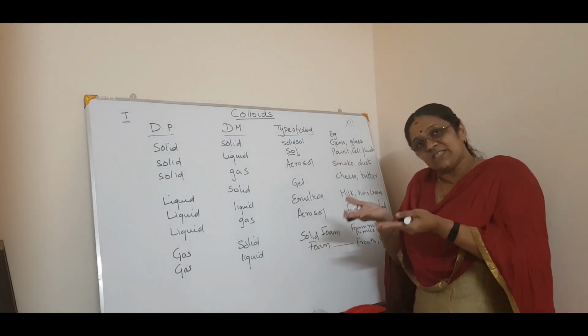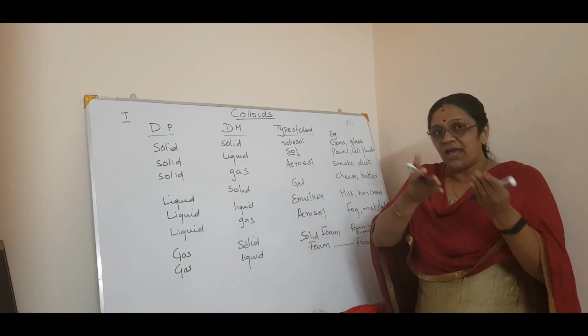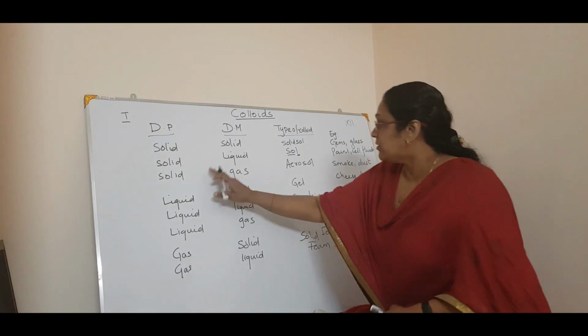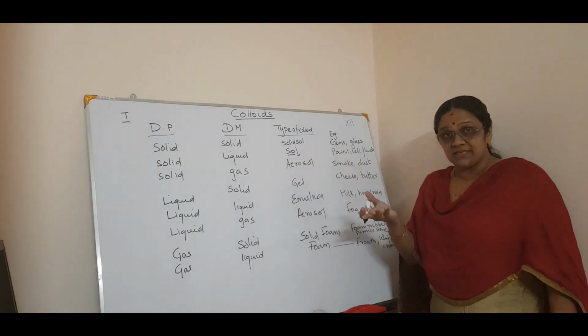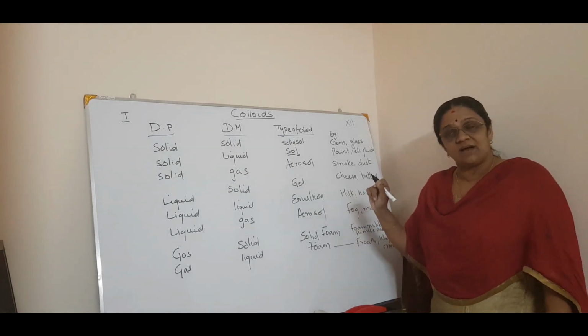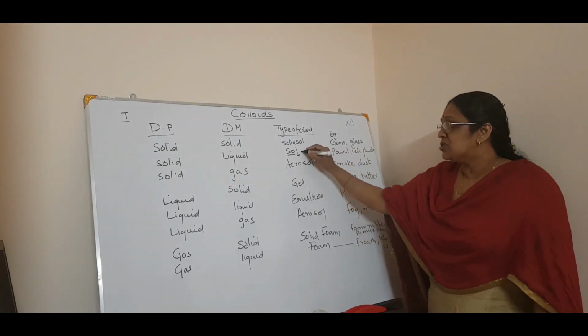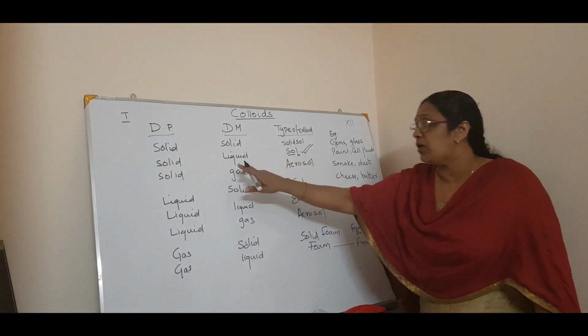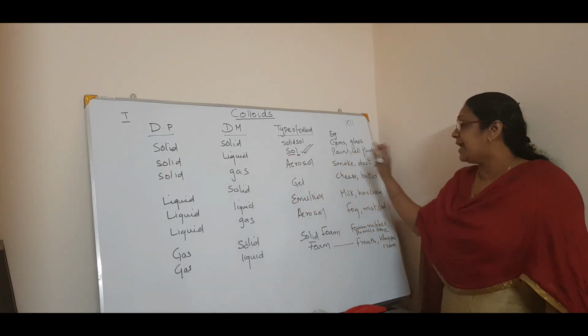In liquid means the dispersion medium. Solid means the dispersed phase, the lesser quantity. Okay. So that is sol. Example is paint. You know paint. Then biological cell fluids are also examples. So mainly it is very important, that is sol, solid in liquid. Example paint and cell fluids.